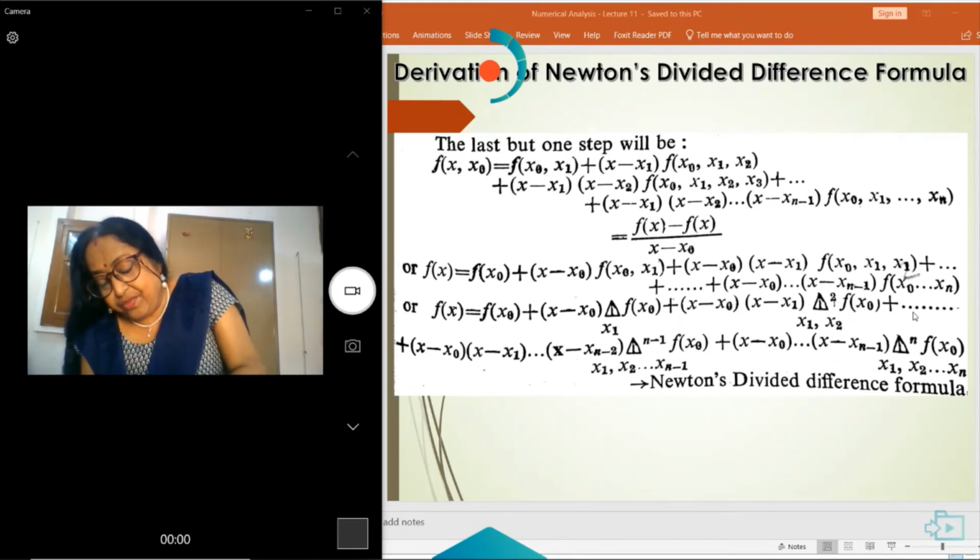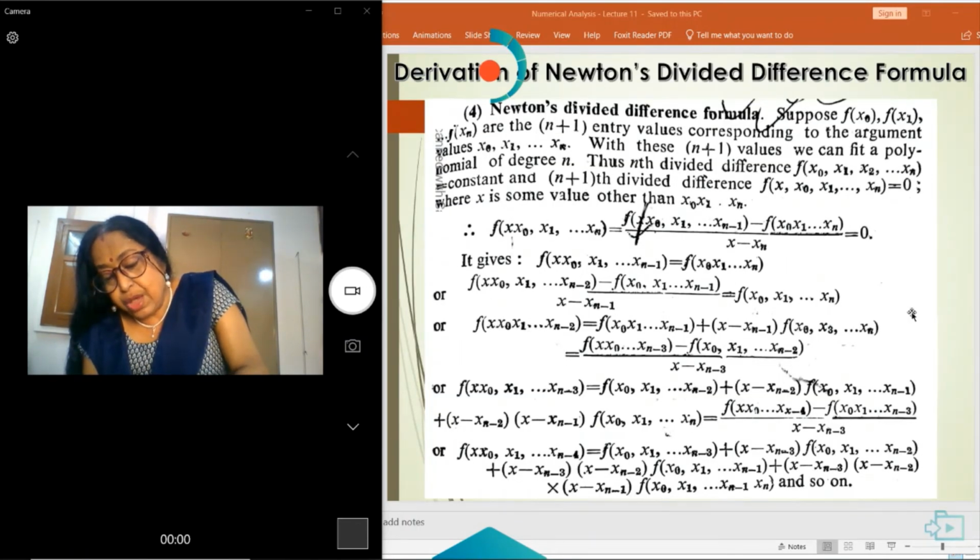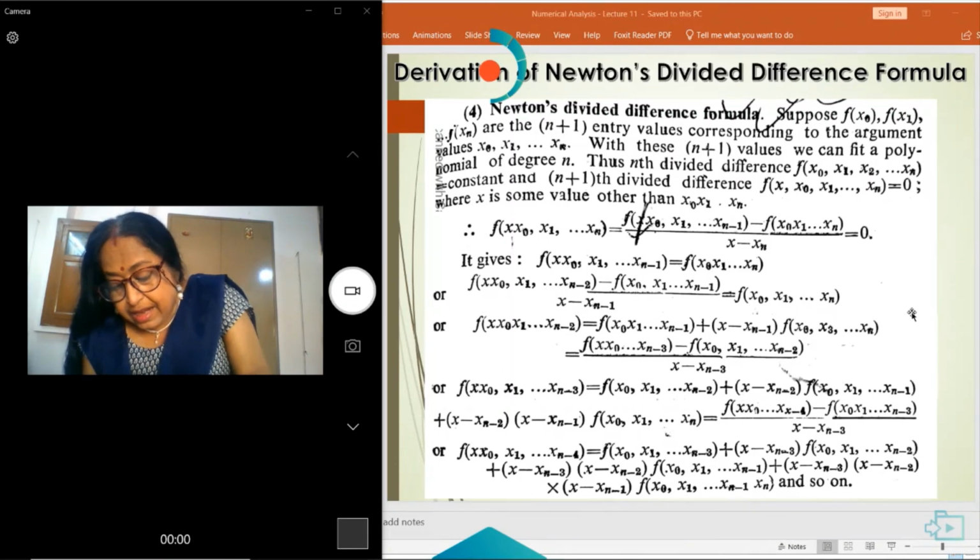So again, see the first line. It gives us that with n plus 1 values, we can fit a polynomial of nth degree, and f(x, x0 up to xn) has n plus 1 values plus the x value which we have to find. This can be written as f starting from x up to xn minus 1, minus f from the second value to the last value, that is x0, x1 up to xn, divided by the first value minus the last value.